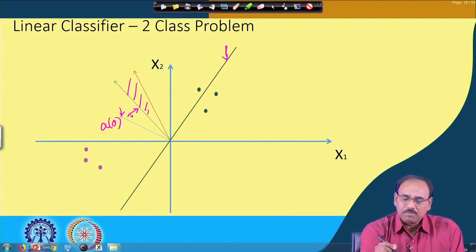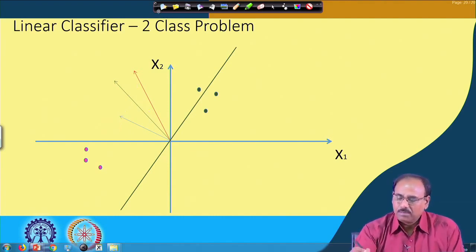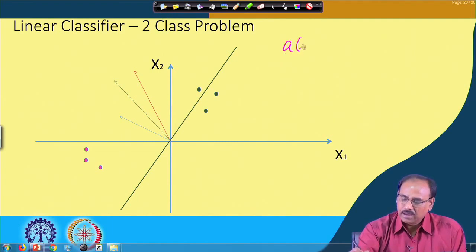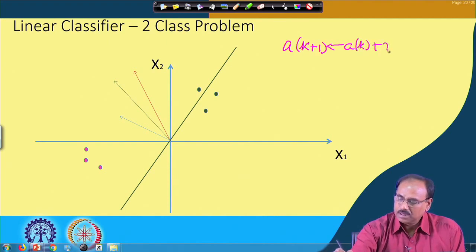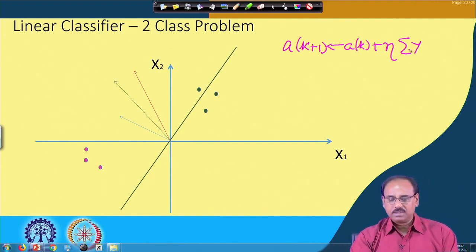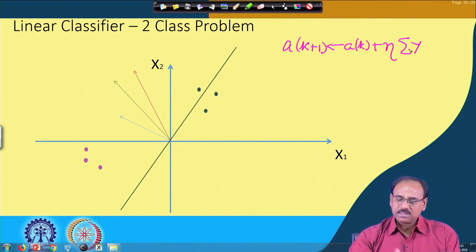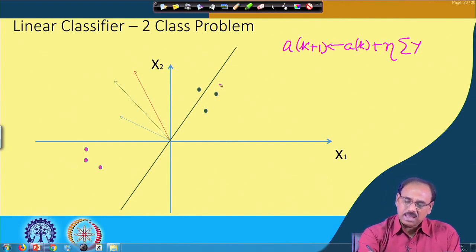And for that, what updation rule have we used? The updation rule was A k plus 1 is A k plus eta times the sum of y, where y is misclassified. So, what are the misclassified samples in this case? I have these two samples which are misclassified by this separating vector.